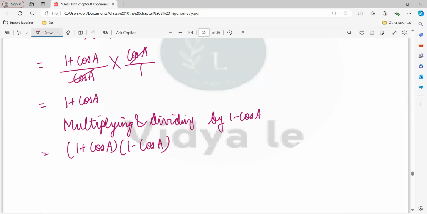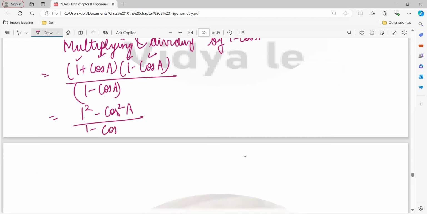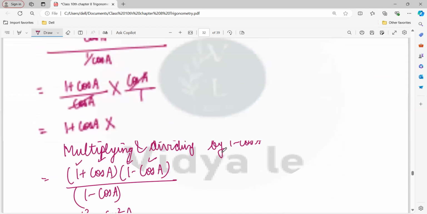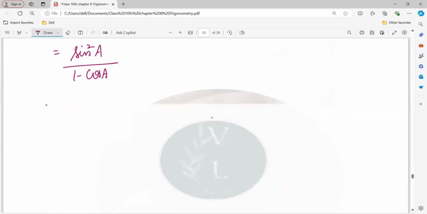We have multiplied it with 1 minus cos A, and we have also divided it with 1 minus cos A. Now, A plus B into A minus B is A square minus B square upon 1 minus cos A. Now 1 square minus cos square A is equal to sine square A upon 1 minus cos A. And this is what we want, right? So we got equals to right hand side.